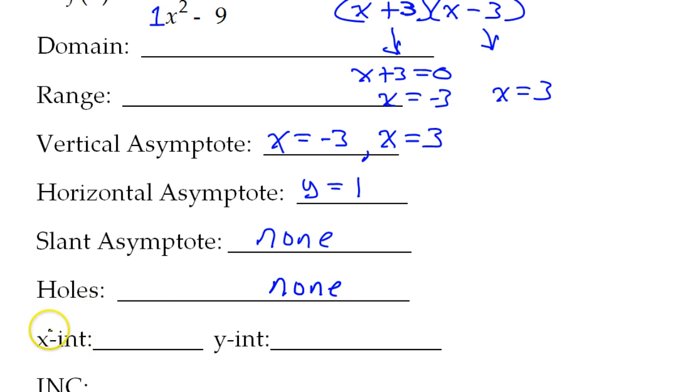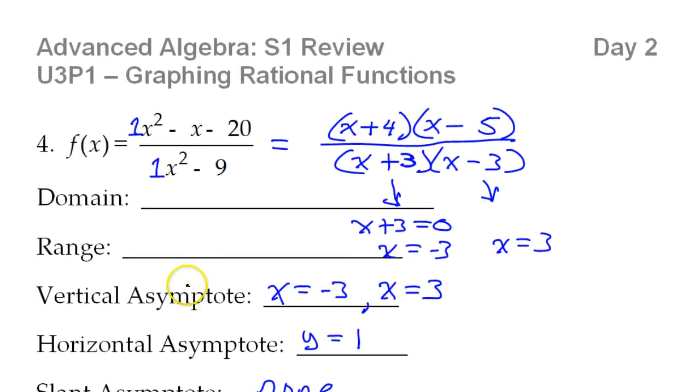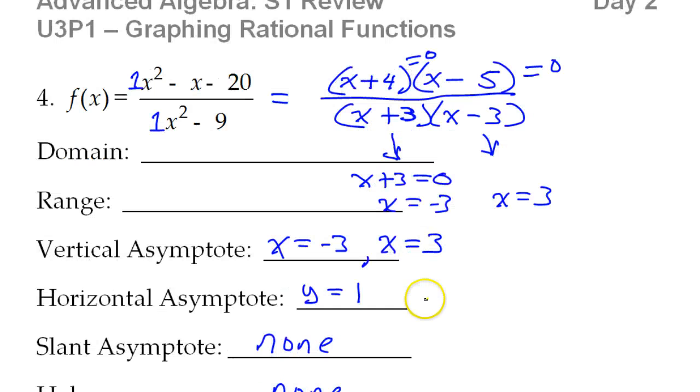The x-intercepts you can get by setting the numerator equal to 0. Really it's like I'm setting both of these factors equal to 0. So I'm going to have x-intercepts of negative 4 and positive 5 if I solve those little mini equations. Negative 4, positive 5.